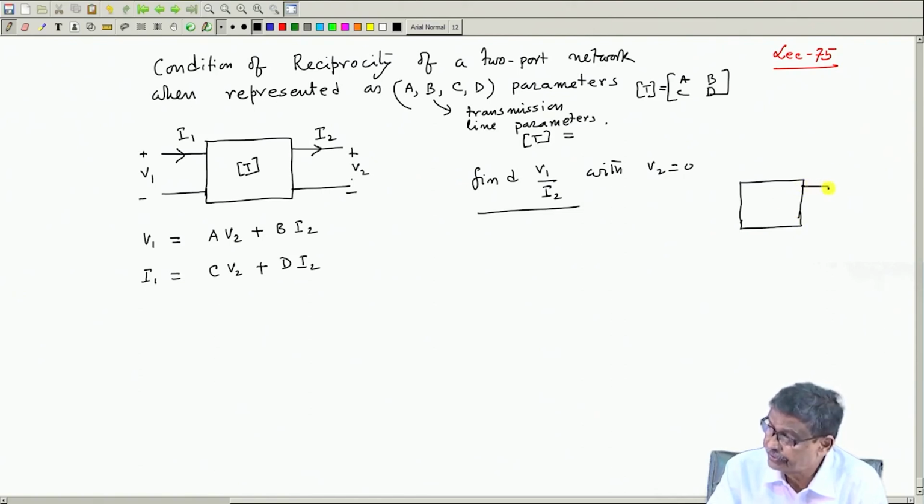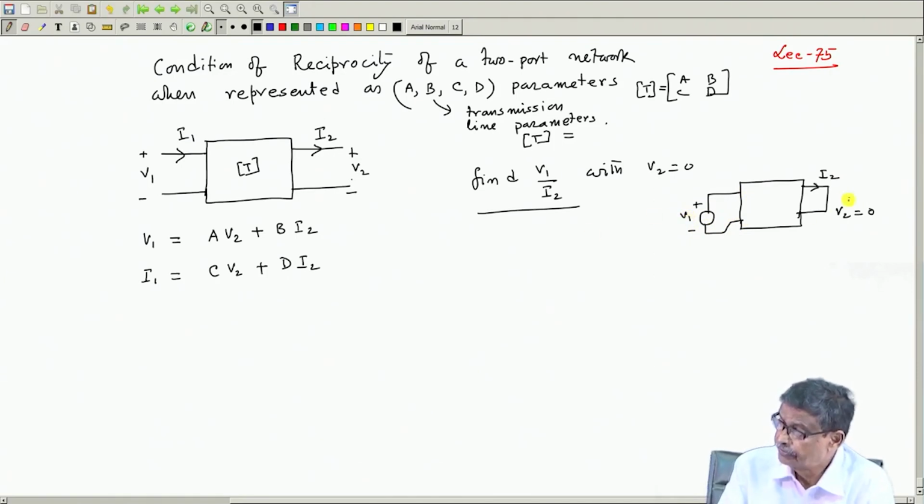So I will short circuit it, V2 is 0, with I2 in this direction, and you have applied a voltage V1 here. From this network I have to find out the ratio V1 by I2.